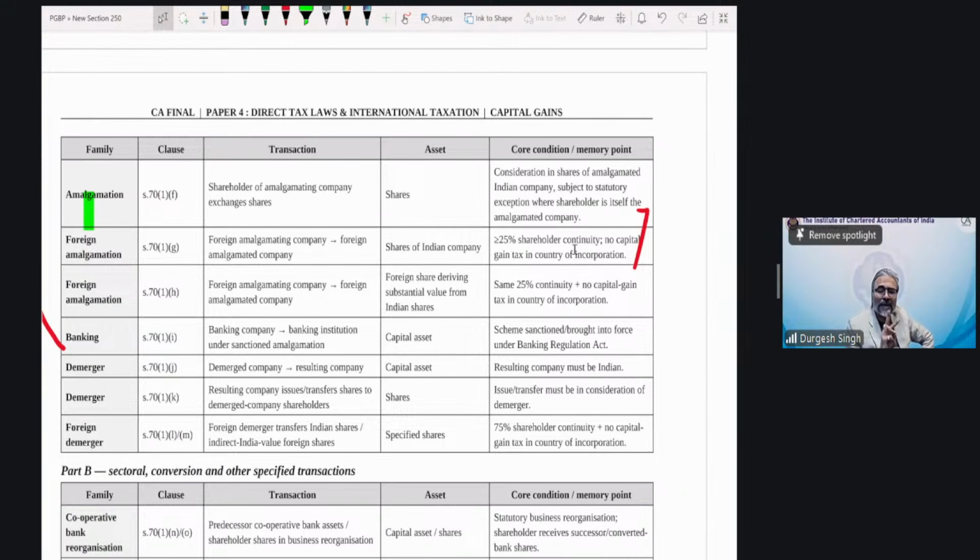When it comes to amalgamation between two foreign companies in which the transferor foreign company is holding the shares of the Indian company, then the exemption would be applicable only if 25% in value of the shareholders of the amalgamating foreign company continue to remain the shareholders of the amalgamated foreign company. So the threshold in their domestic law, students, is less.